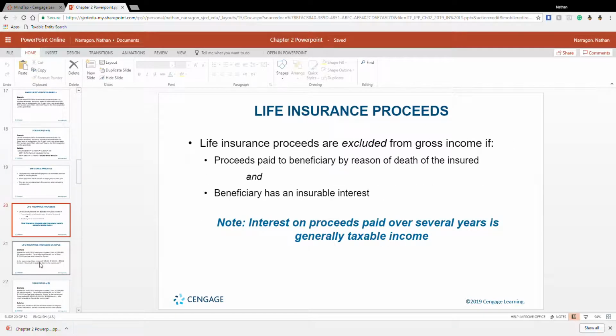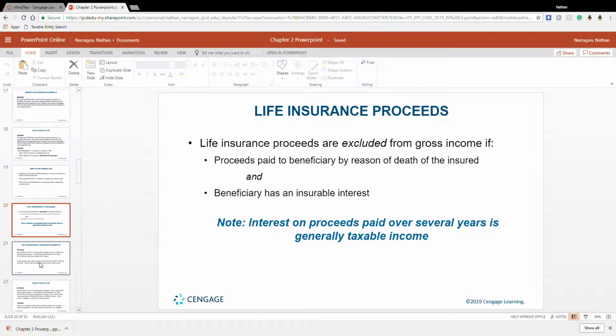So, next step, life insurance. So we love life insurance. This happens if we have a beneficiary and the beneficiary receives proceeds because of the death of the insured. Yay! So, not good moments, but hey, life insurance comes in.